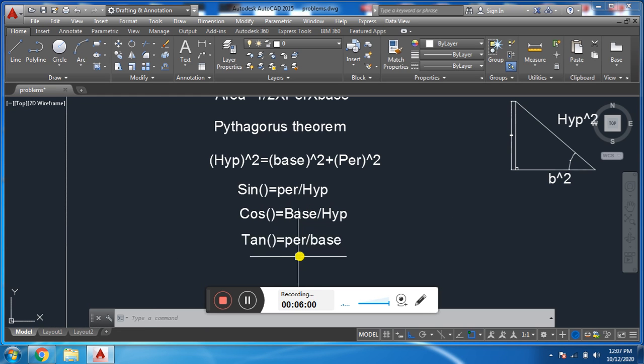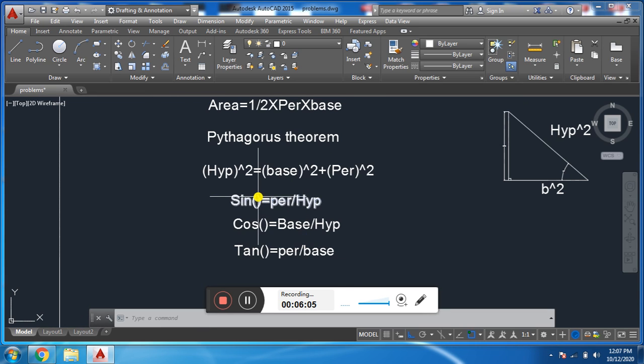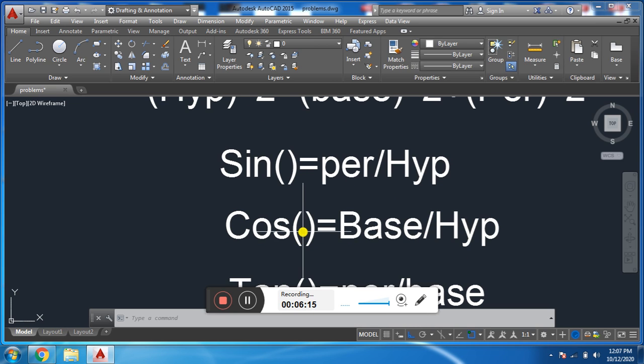Similarly, tangent theta is equal to perpendicular by base. For example, if we have the angle and perpendicular, and we want to know the value of hypotenuse, we can find it from here. For cos theta, if we have the angle and the value of hypotenuse, and we want to find the value of base, we can use this ratio.